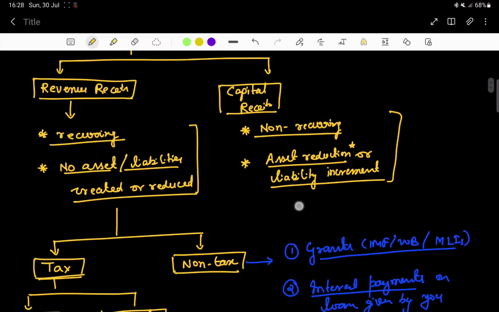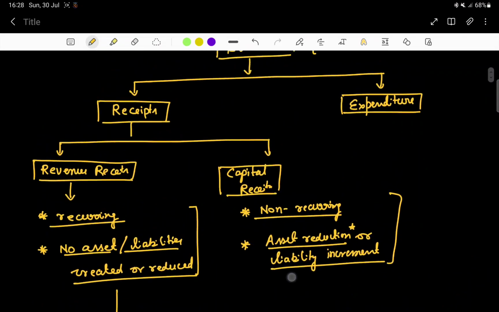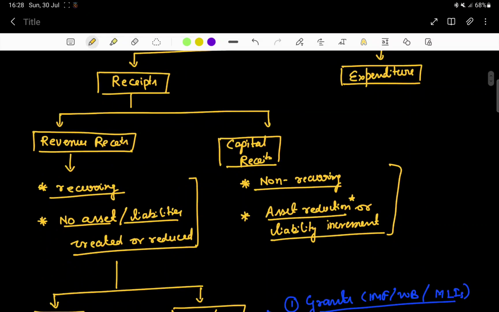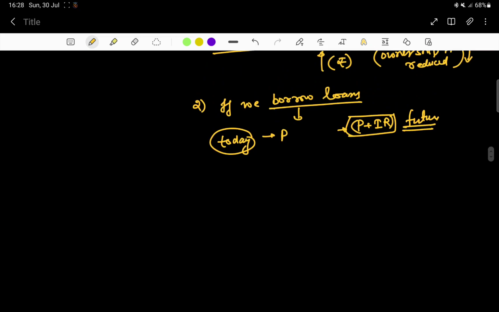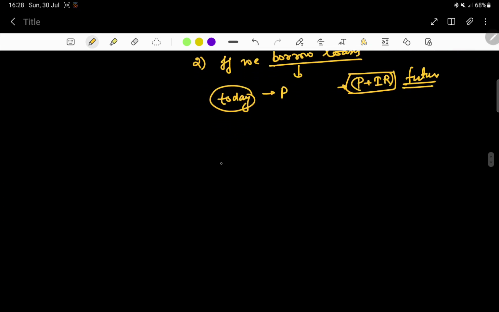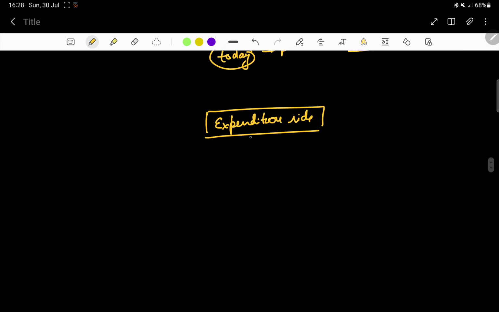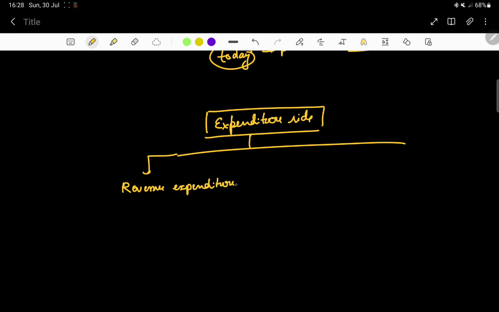Now if we want to look into the expenditure side, we can discuss a little below there. So again, in the expenditure side, let me write here. There are two types of expenditure. One is revenue expenditure, and one is capital expenditure.